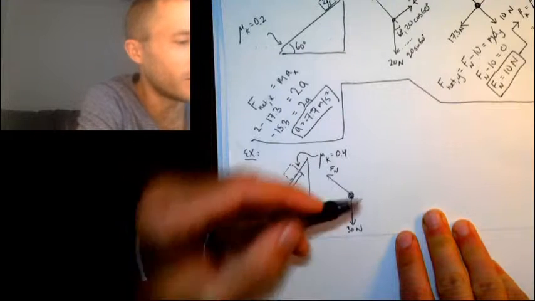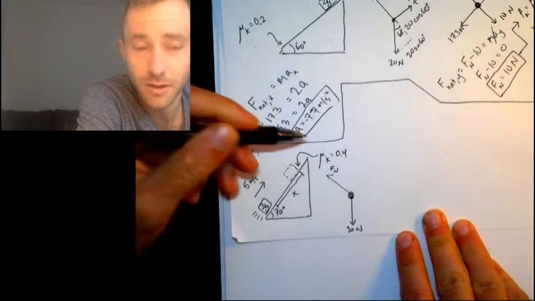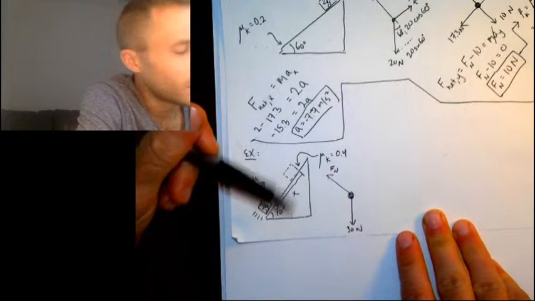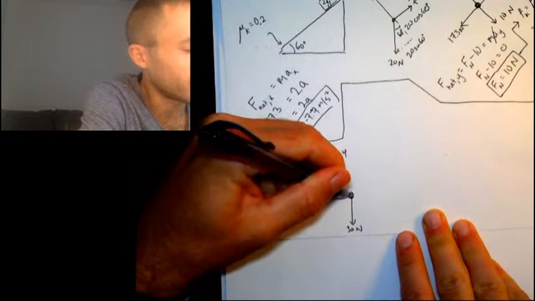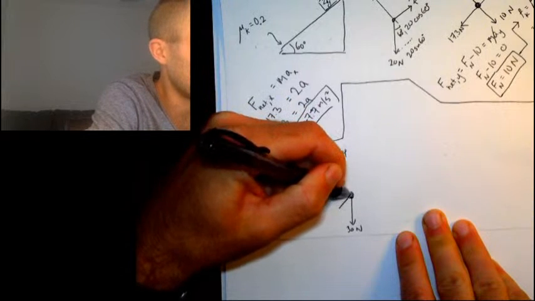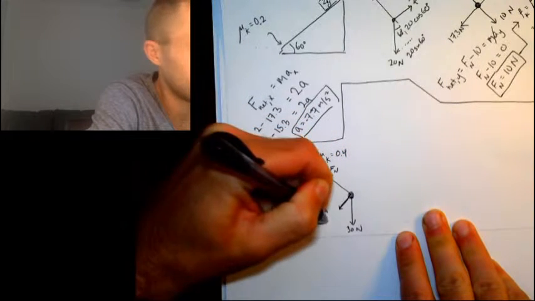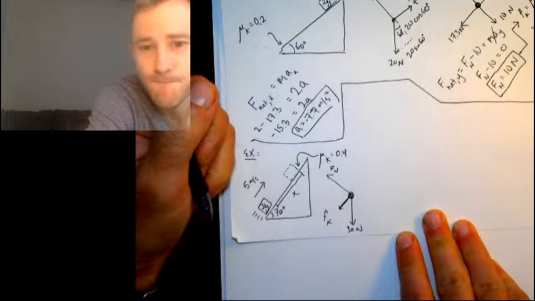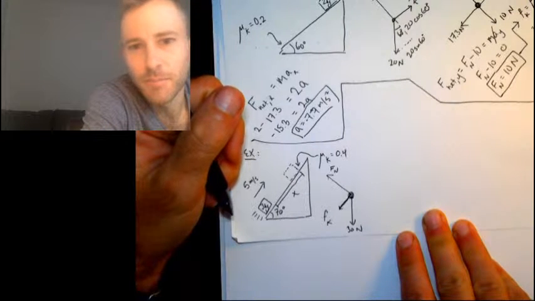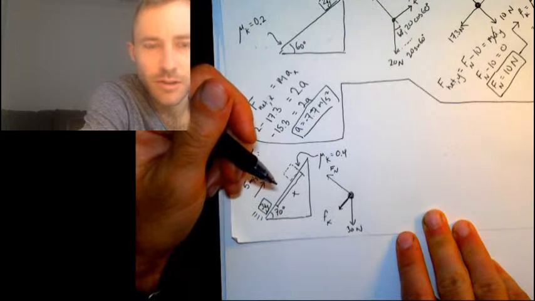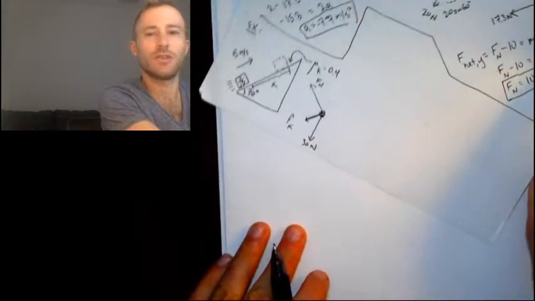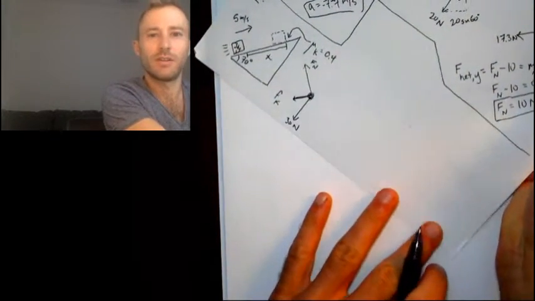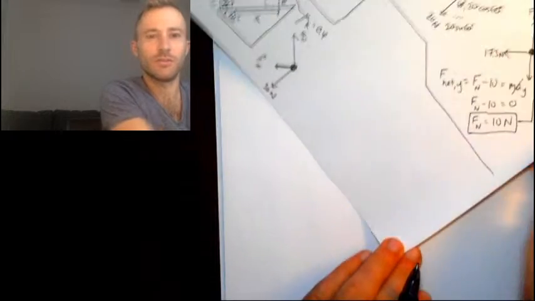Because the block is going up the incline, friction now points down the incline. So we've got friction which is going in this direction. So now what we want to do is rotate our picture so that the incline is horizontal.